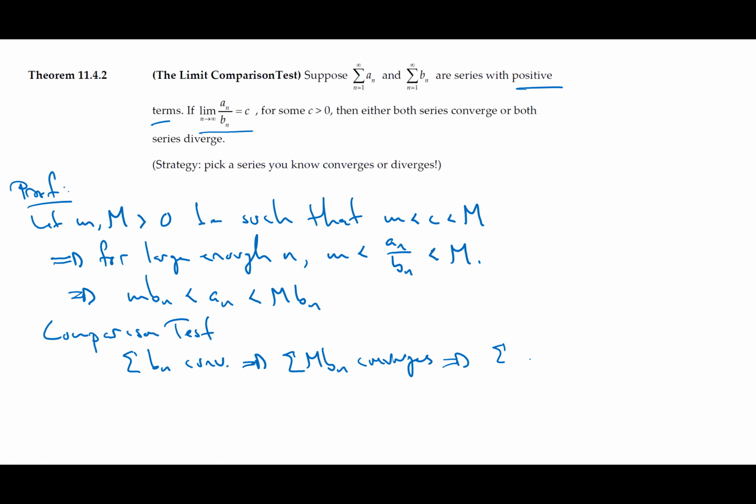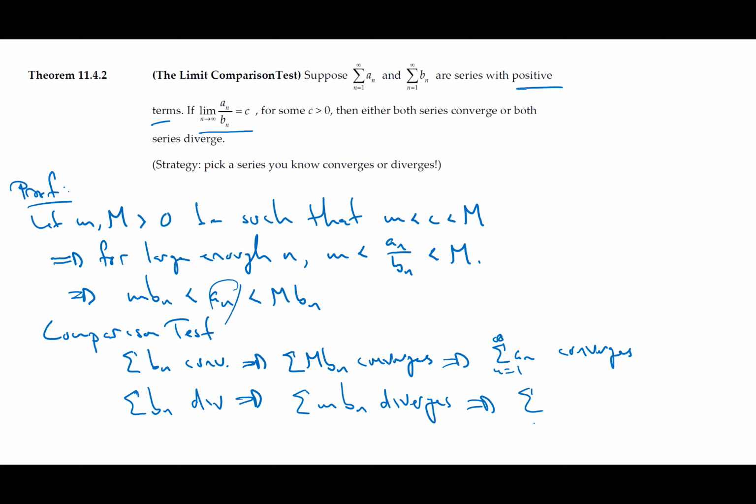And so this series, the an's, converges, okay? Similarly, if my series bn diverges, well, then so does little m bn. It's just a constant. And so now we're pushing the an's from below off to infinity.